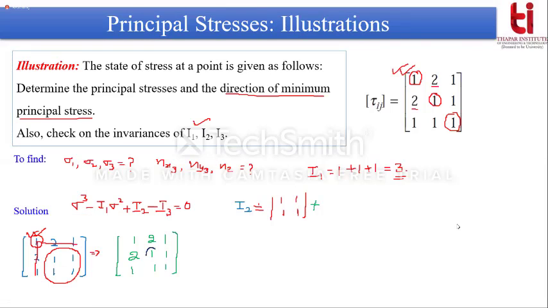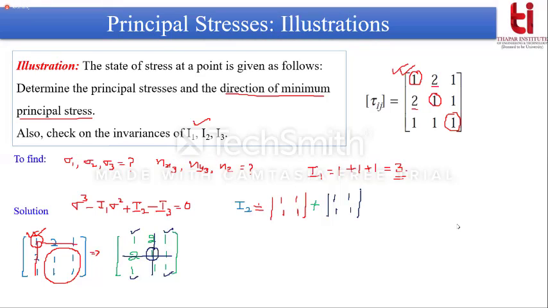Because I have to take the cofactor of the second term, that is A22. A22 means the element corresponding to the second column as well as the second row. So I will not consider the second row, I will not consider the second column, right? So I will be left with again 1 1 1 and 1. I hope you can follow me now.